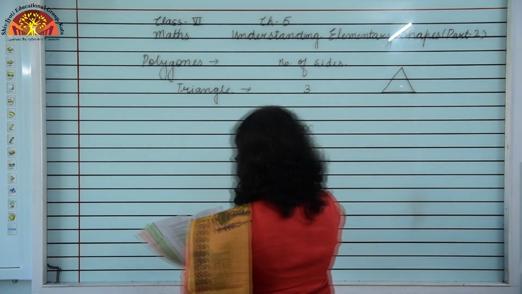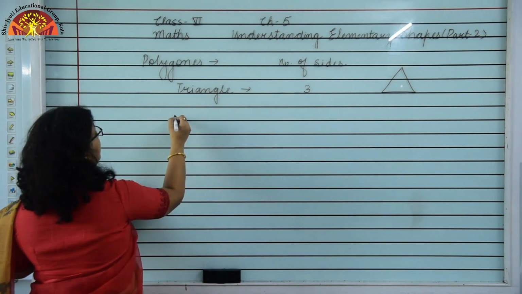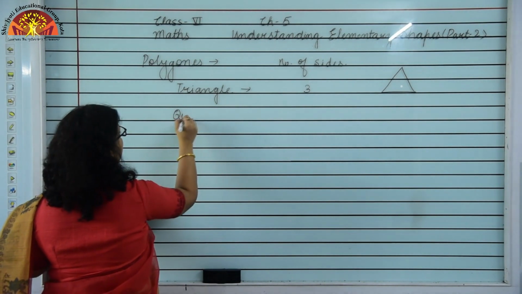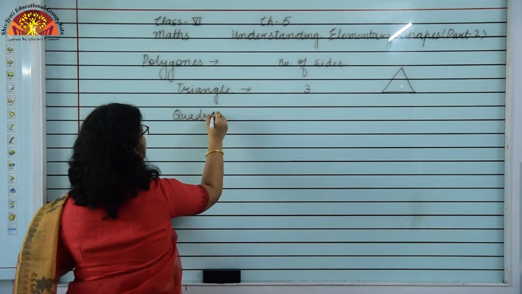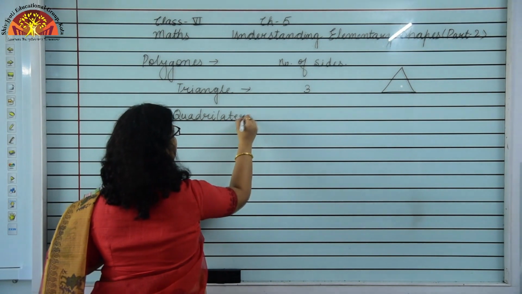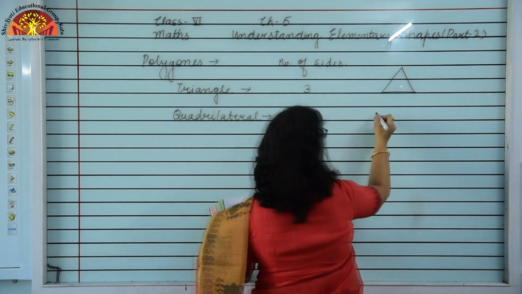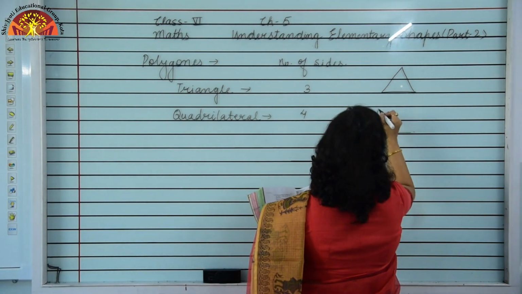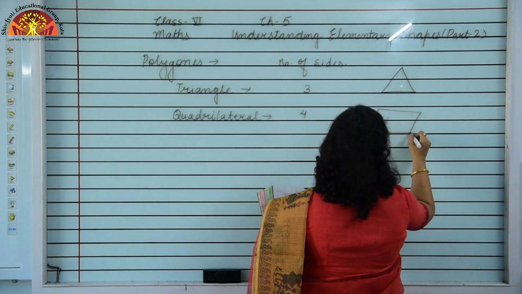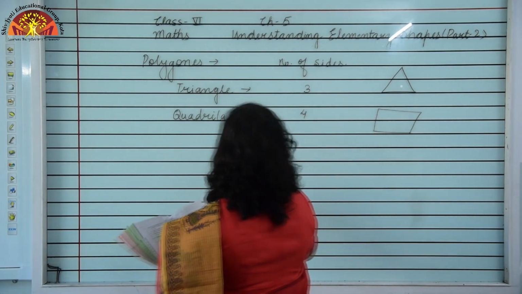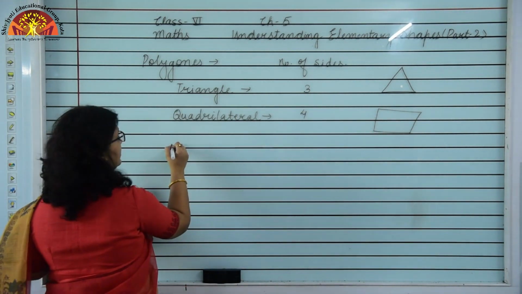Understood? Now second type of polygon, that is quadrilateral. Four-sided figure we already discussed. This is a four-sided figure, and next pentagon.